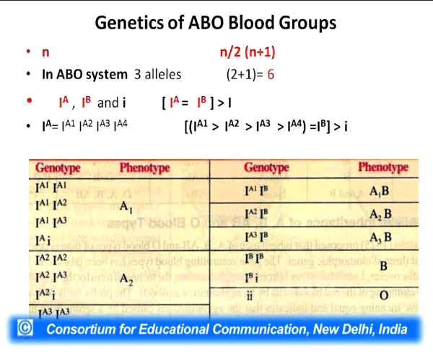There is a distinct dominant hierarchy. For example, IA1 is dominant over all, greater than IA2, greater than IA3 and greater than IA4. But the fact remains that all 4 of them are codominant with IB, and both of these series IA and IB are purely dominant over i.